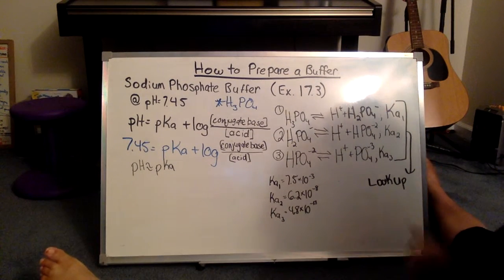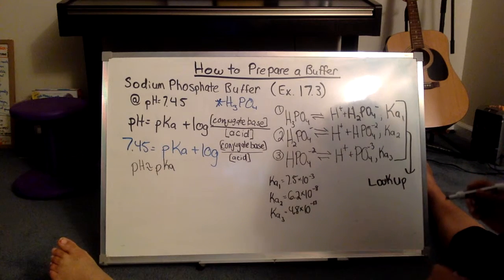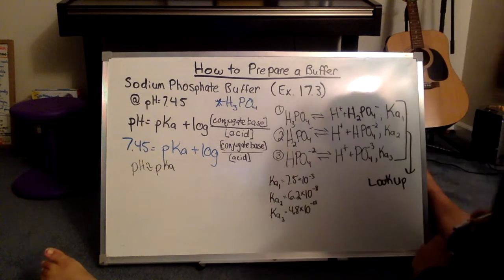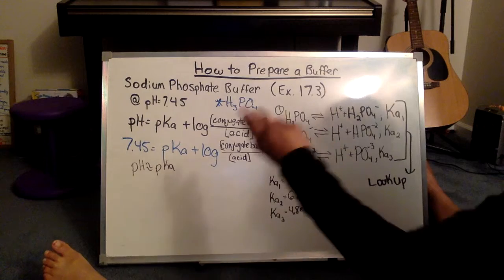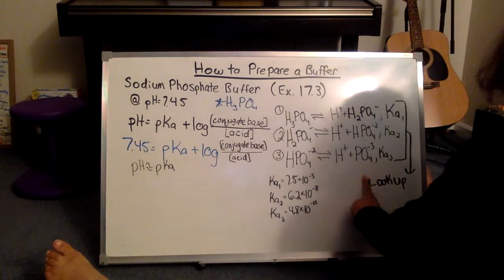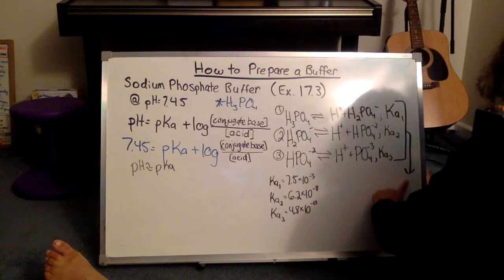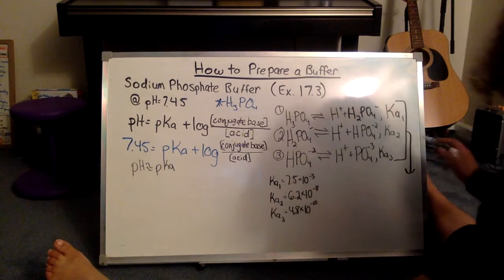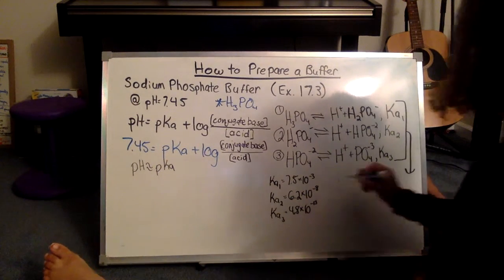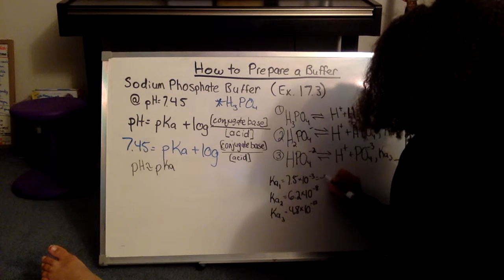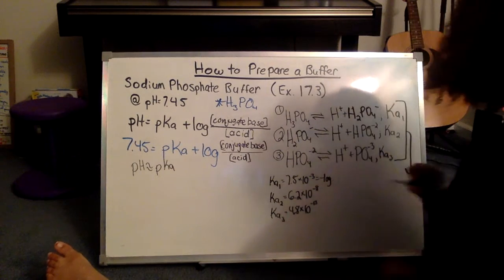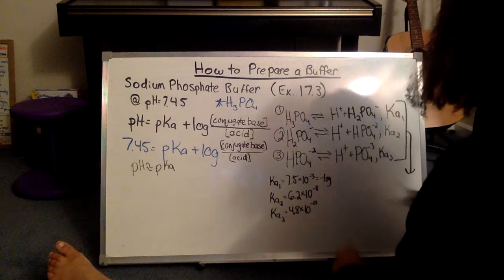So now what we need to figure out is pKa. And how do we figure out pKa? We take the minus log. So we already know, we're looking these up, and we figure out the minus log, because that's what pKa means.